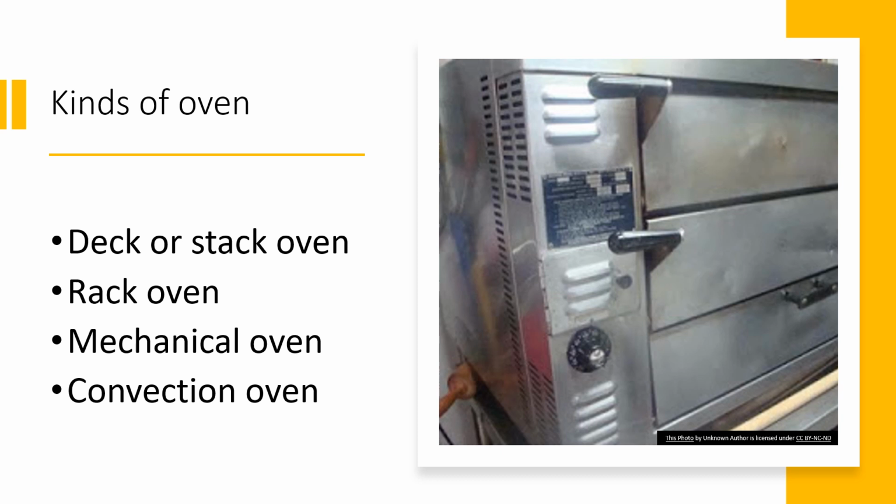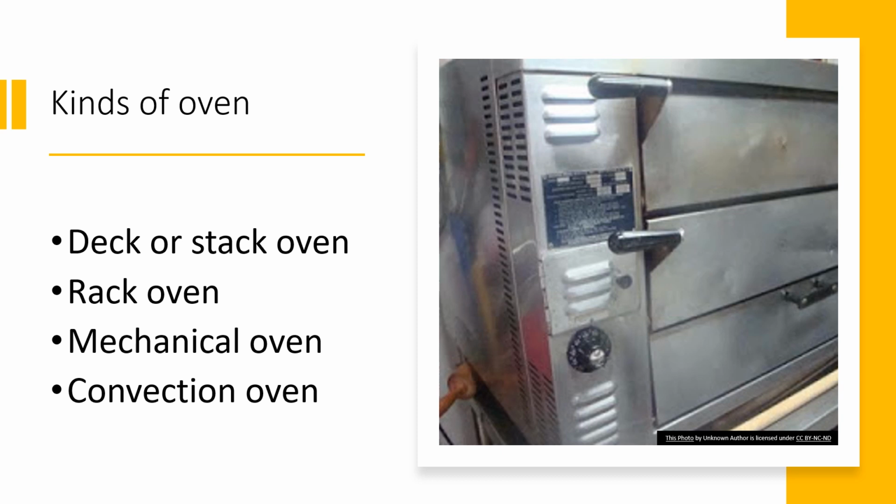In a deck or stack oven, the items to be baked are placed on sheet pans and directly placed on the bottom or deck of the oven, enabling several pans to be stacked on top of one another. Breads are baked directly on the floor of the oven and not in pans. A deck oven for baking bread is equipped with a steam ejector.